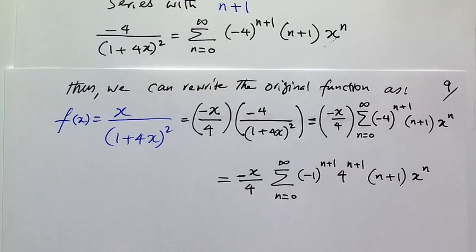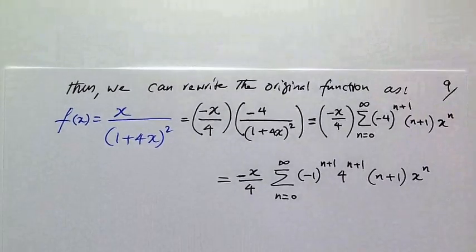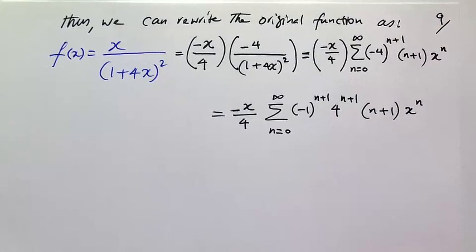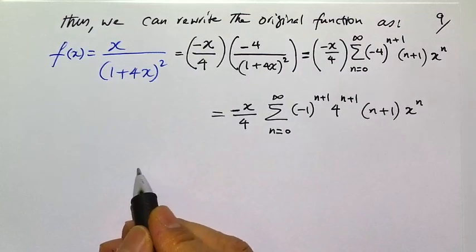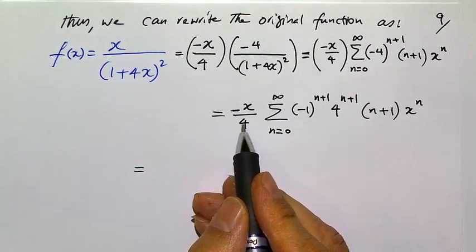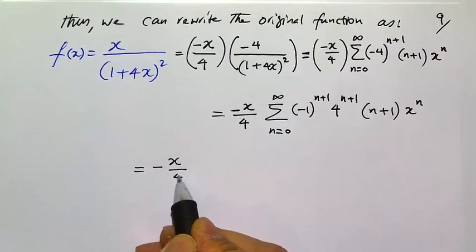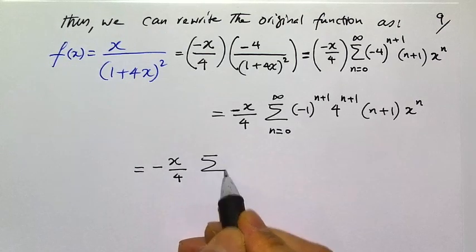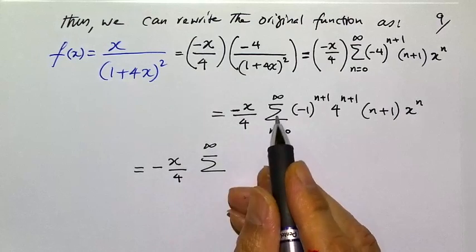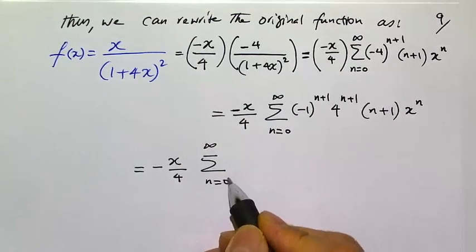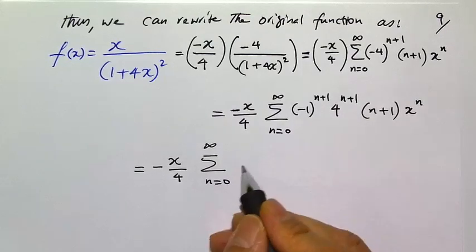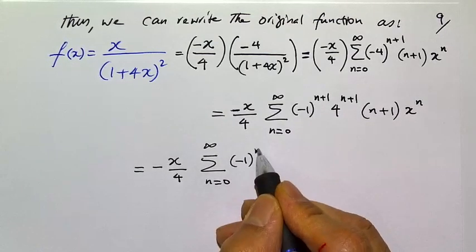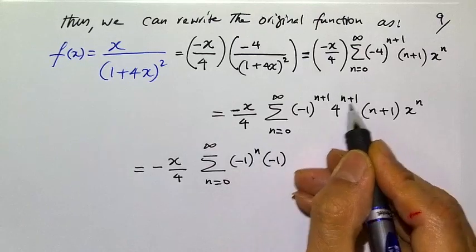Okay. I don't think we need that sheet anymore. So now there's a bunch of things we can simplify, and let me do that like this. I'm going to keep this minus x over 4 in front. Then, once again, I'm going to separate minus 1 to the n power from minus 1 to the power 1.